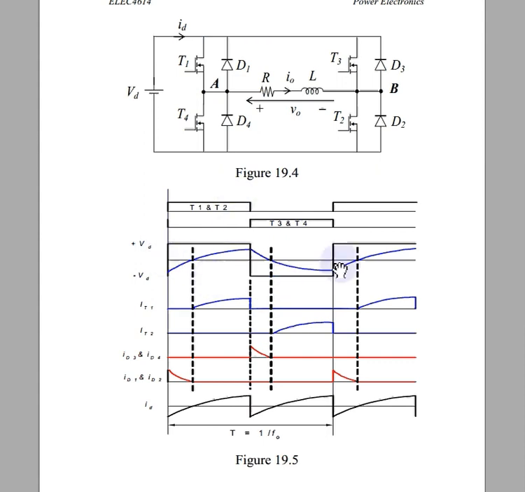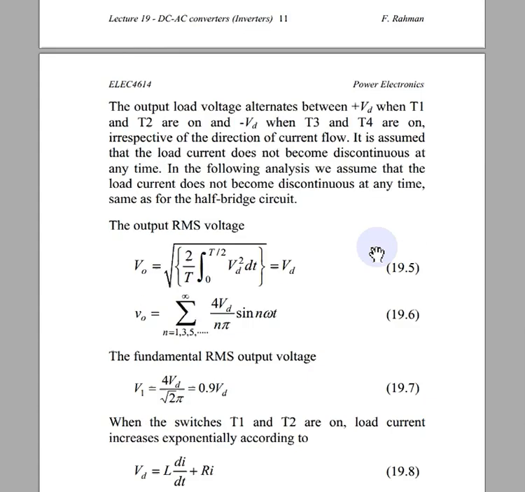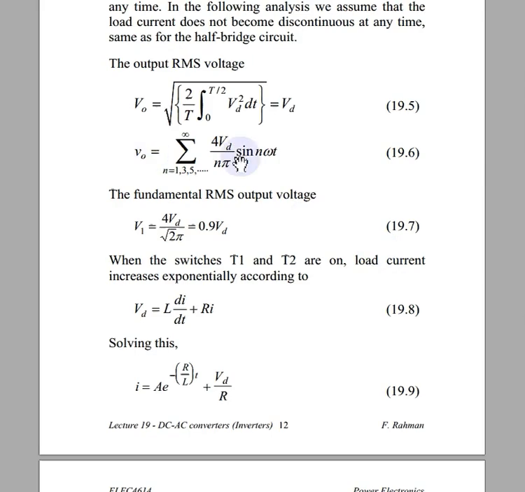It is almost a sinusoidal waveform, and the RMS output voltage we can find from equations 19.5 and 19.6. The output voltage from the Fourier series: A0 and An are 0 because of the symmetry of the waveform, and it is calculated by Bn only. And this gives the fundamental output voltage V1.